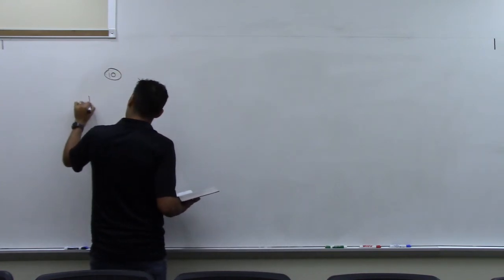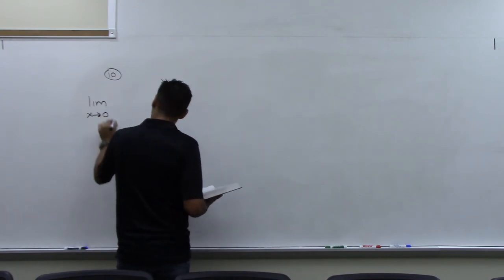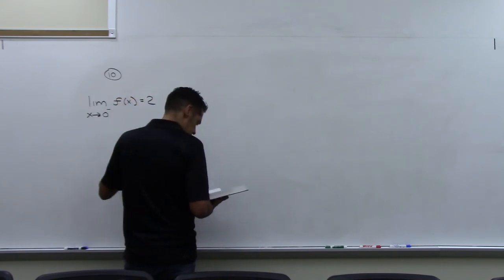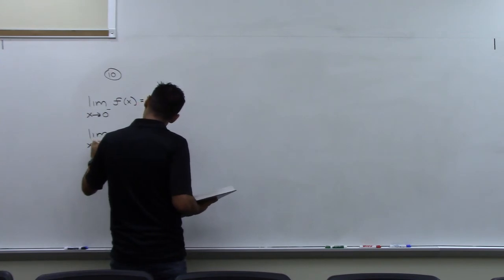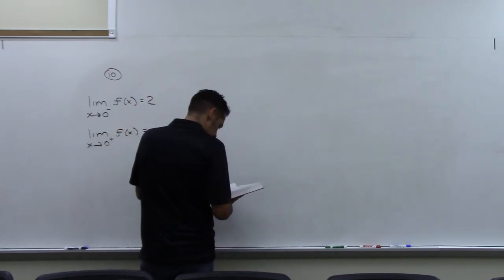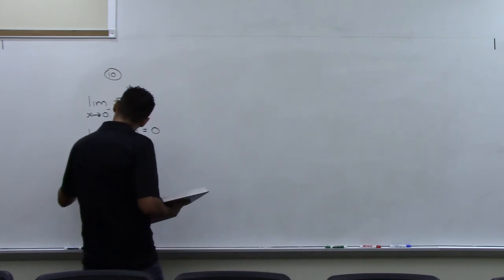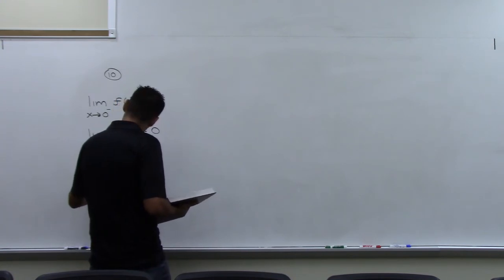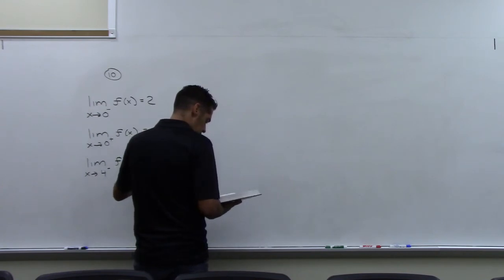We need the limit as x approaches 0 from the left of the function to be equal to 2. We need the limit as x approaches 0 from the right of the function to be equal to 0. We need the limit as x approaches 4 from the left of the function to be equal to 3.